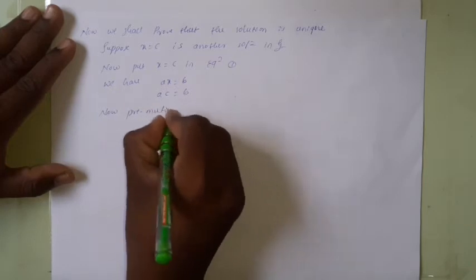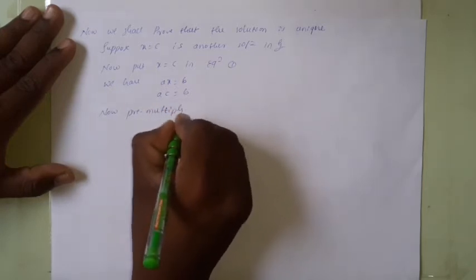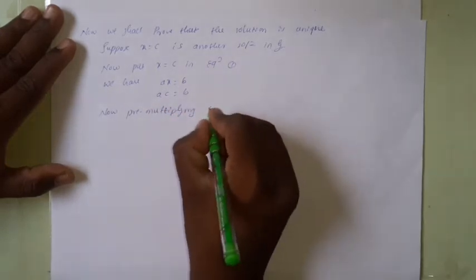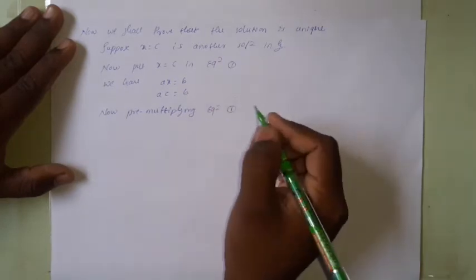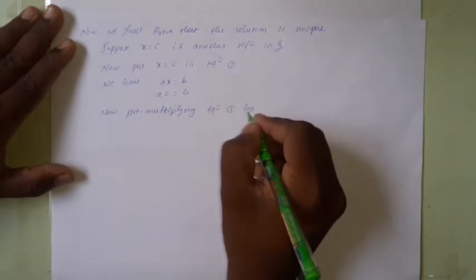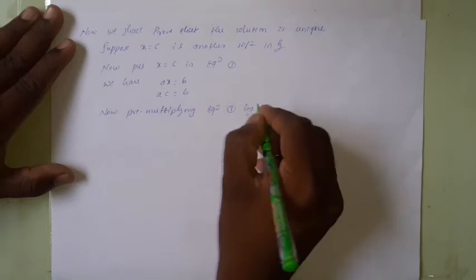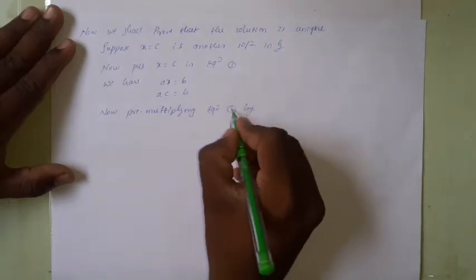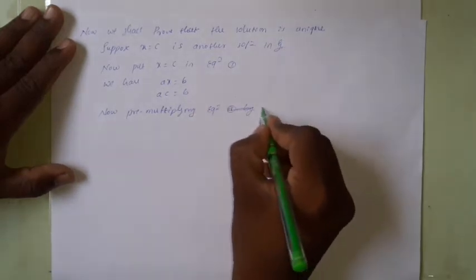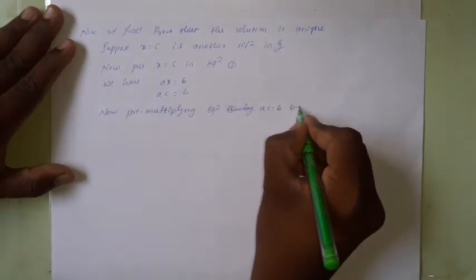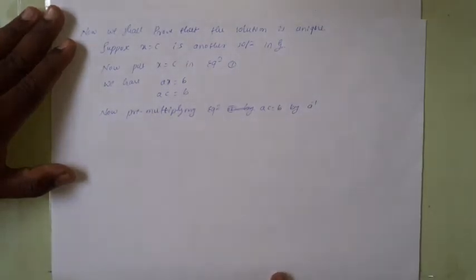Now, pre-multiplying the equation AC is equal to B by A inverse.